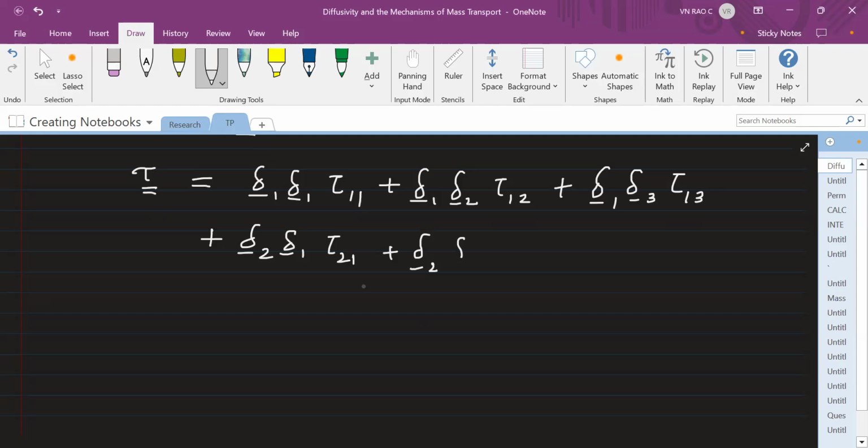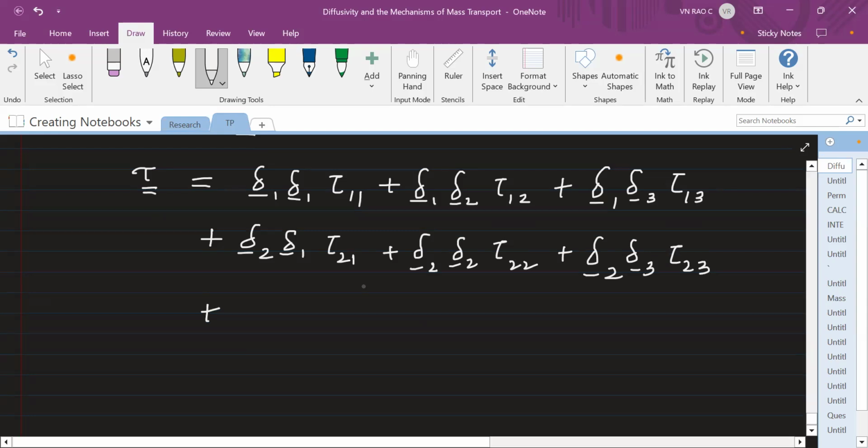Delta 2 delta 2 tau 2 2. Delta 2 delta 3 tau 2 3. Last one, delta 3 delta 1 tau 3 1.